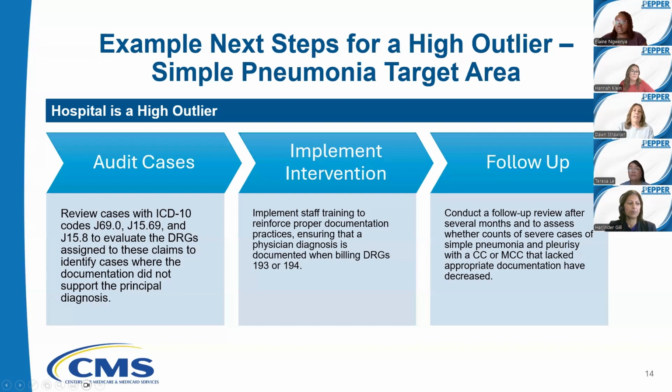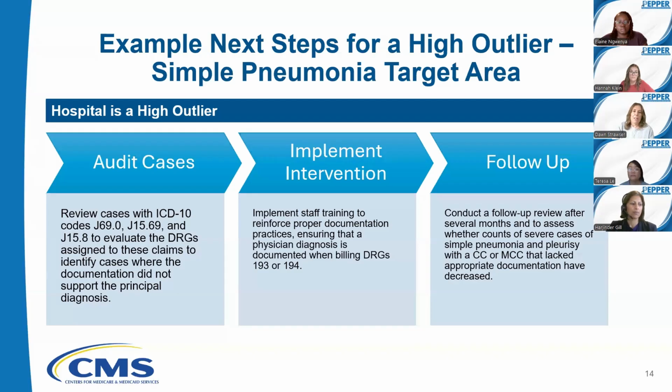If a hospital is a high outlier for simple pneumonia, one possible next step is to audit cases that meet the target area criteria. For example, the hospital may review cases with ICD-10 codes J69, J15.69, and J15.8, which are codes for complex pulmonary diagnoses, and evaluate the DRGs that were assigned to those claims.